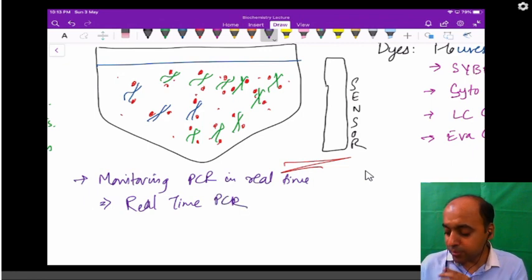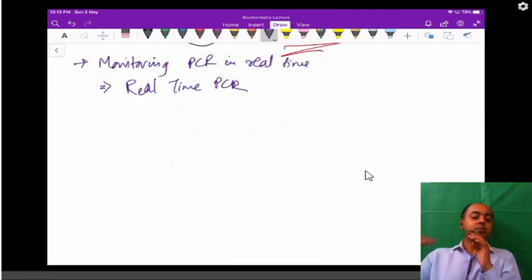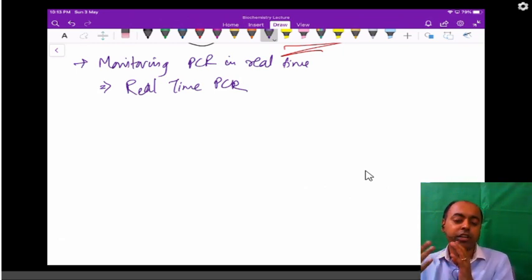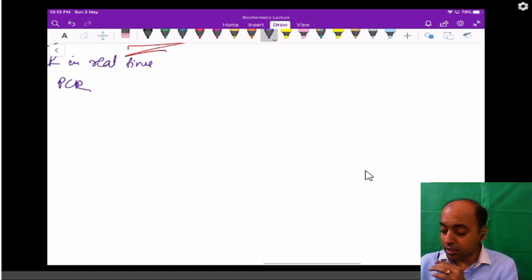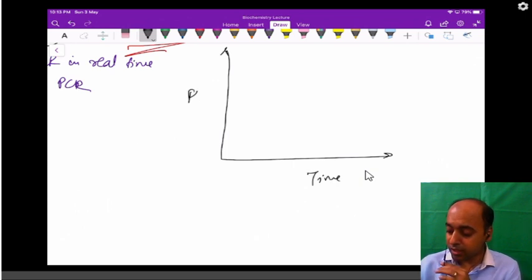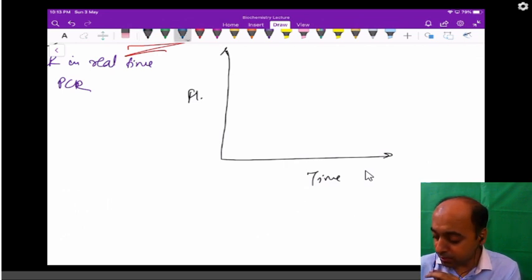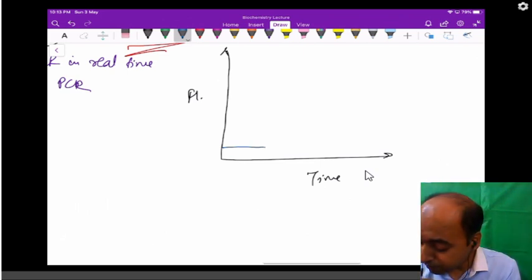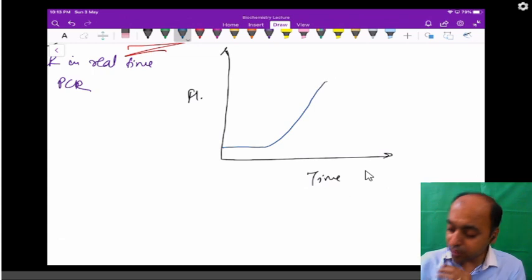A very important aspect to note here is, if the PCR is successful, we get to know whether it is successful or not within 20 to 25 cycles. Typically we draw a graph like this. Here we have time and here we have the measurement of fluorescence. Initially we get the baseline fluorescence. As the reaction becomes successful, there is an increase in the fluorescence.